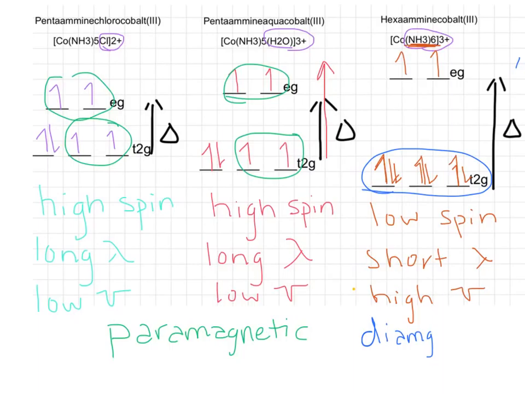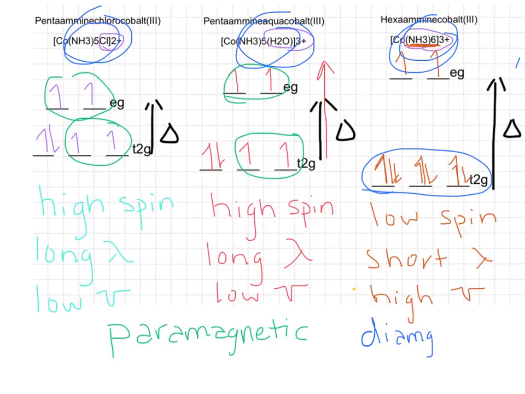Now, the shape of the 3 complex ions are all octahedral. The reason being is because they all exhibit 6 coordination numbers. If we look at the ligands right here, they all add up to 6 coordination numbers.